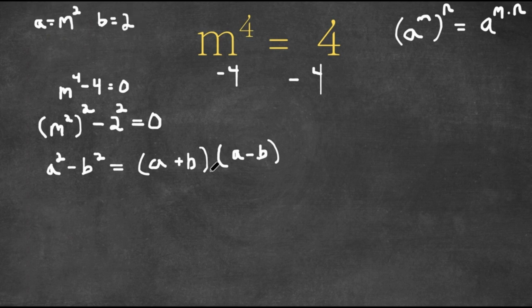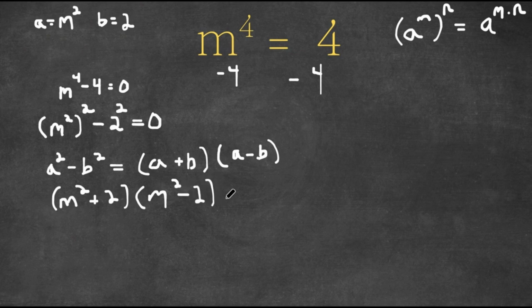So if we plug these into this form, we would get m squared plus 2 times m squared minus 2, and this is equal to 0.